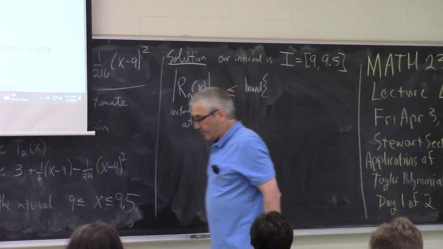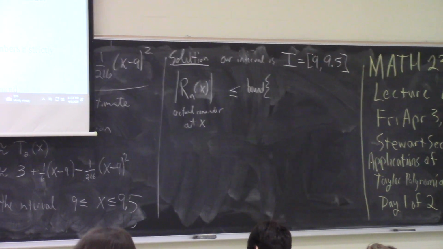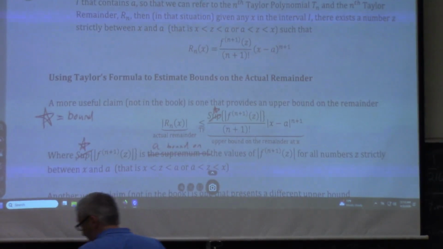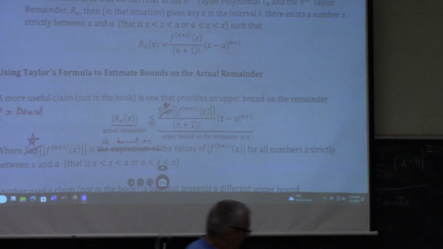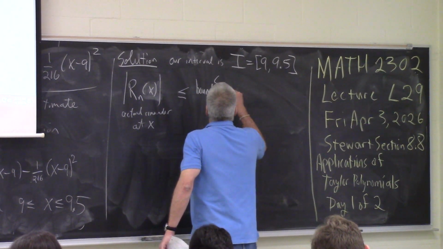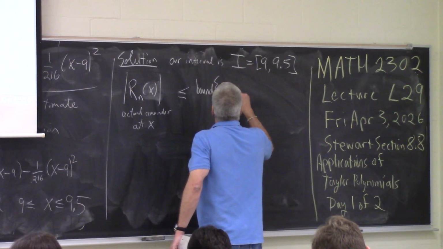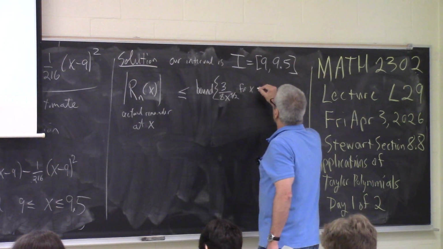I have to look at the next derivative, n plus 1, so the third derivative: 3 over 8x to the 5 halves, for x in that interval.